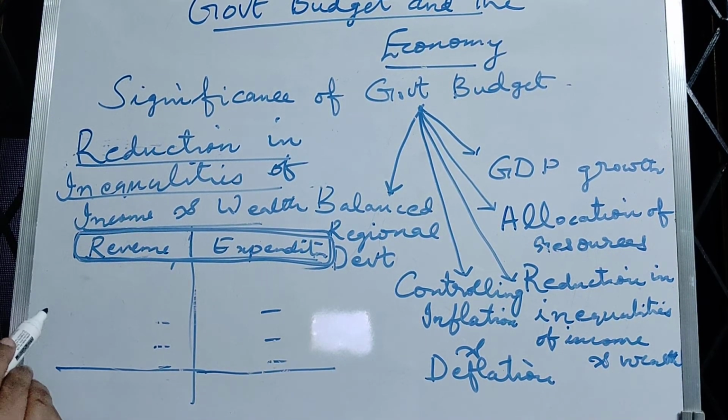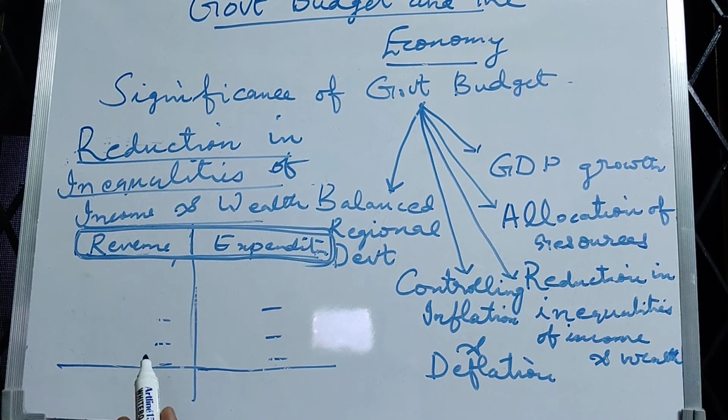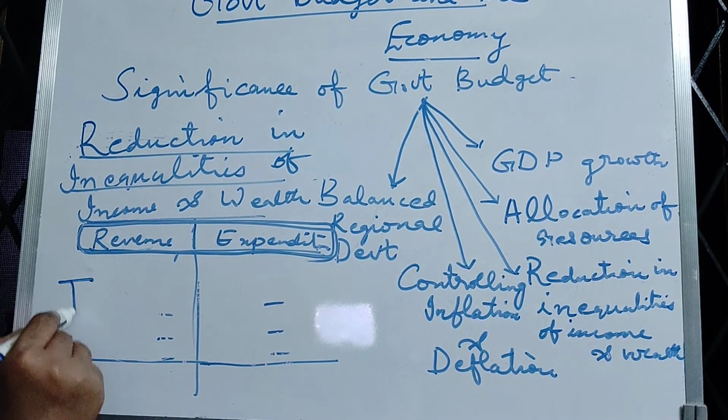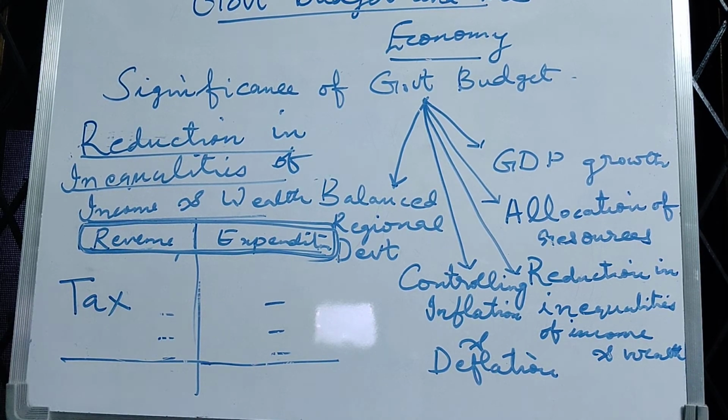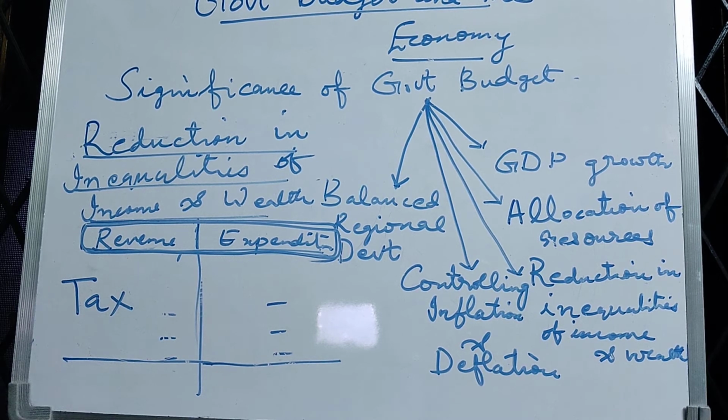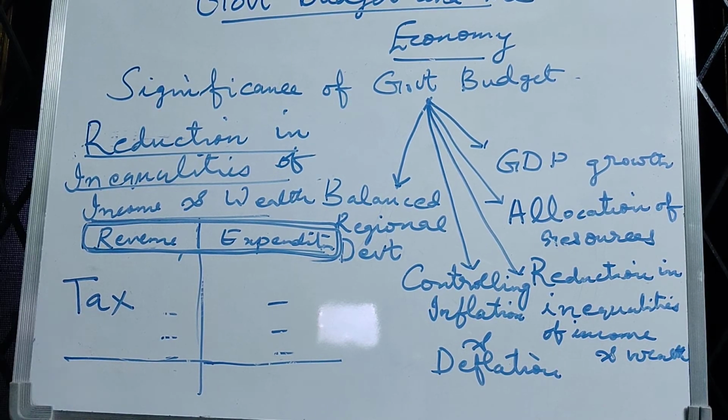Revenue means the different sources of income to the government. The main source of income to the government is through taxes. Taxes are the main source of income to the government.